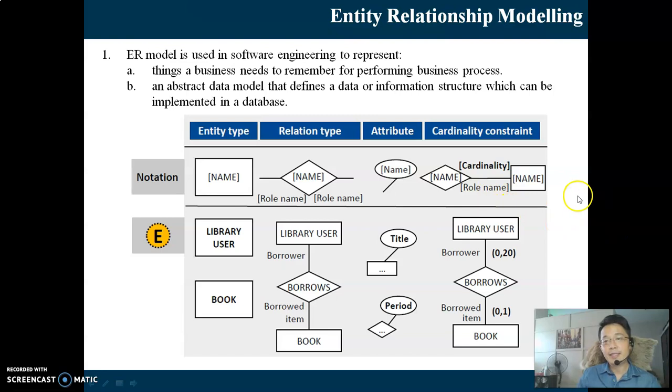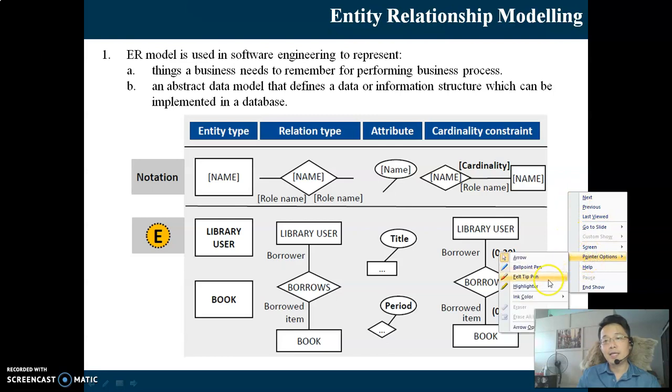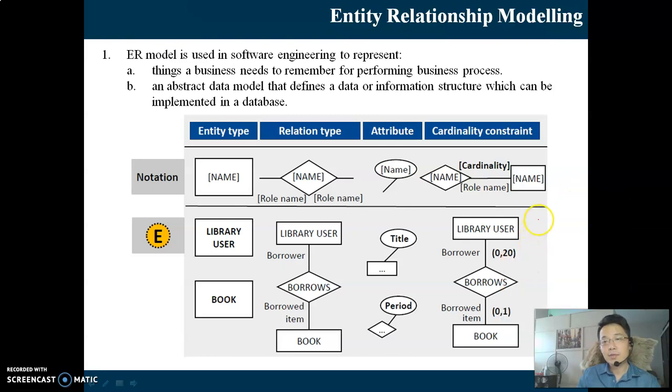Let's look at an example in the bottom right of this slide. In this example, we have 2 entities, which are library user and book. The relationship between them is borrows.